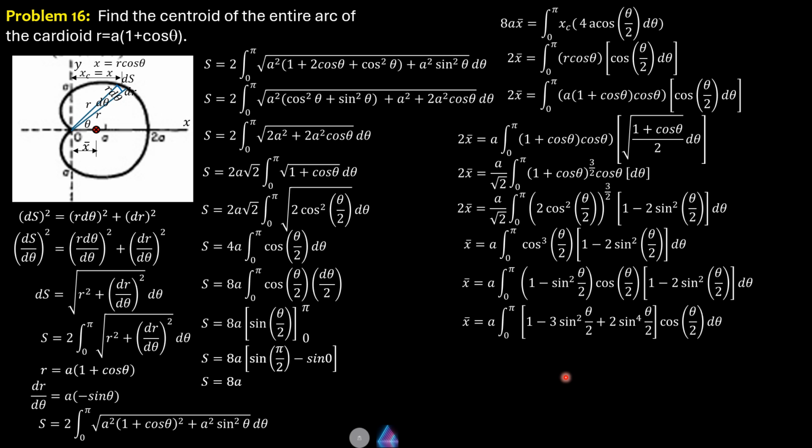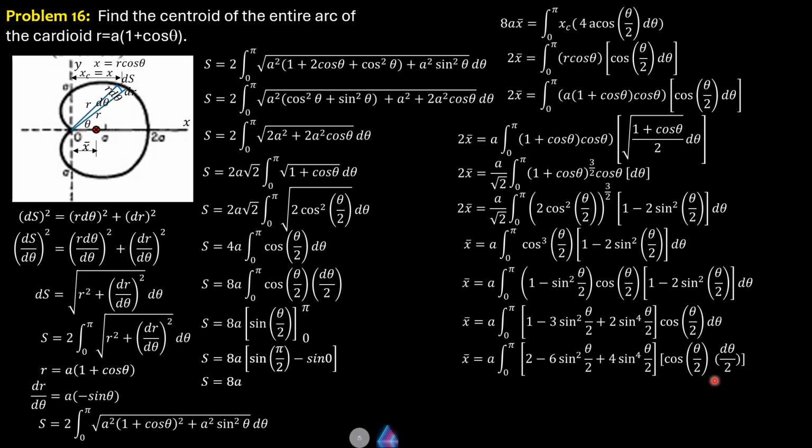So bar x equals a integral 0 to pi of quantity 2 minus 6 sine square theta over 2 plus 4 sine to the 4th theta over 2 cosine theta over 2 times differential theta over 2. So we introduce 2 here in the numerator because we divide by 2 also. So these are now the new coefficients inside the bracket terms.